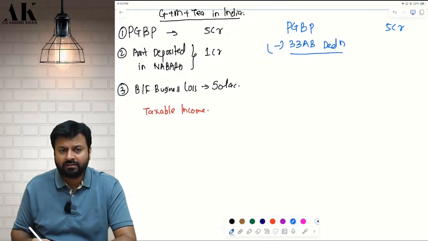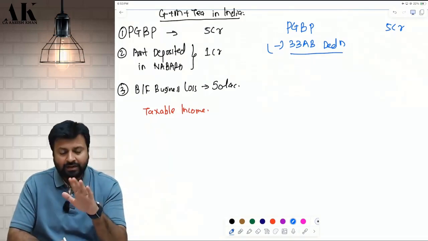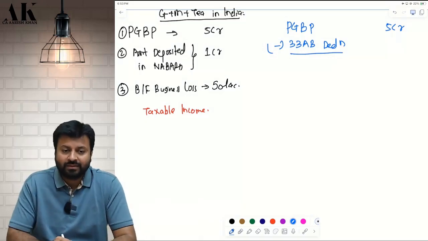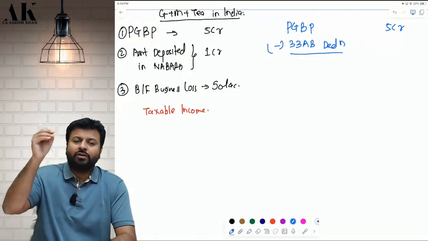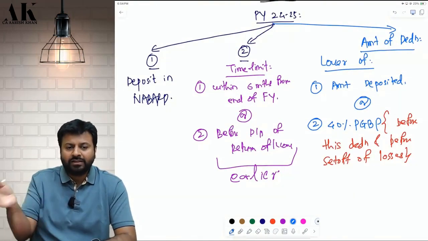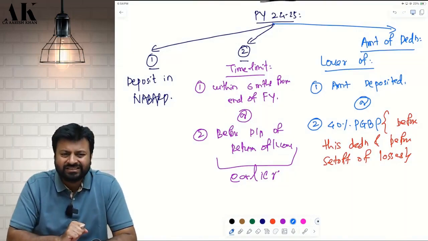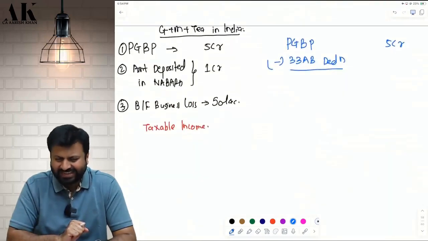40% I will get. 5 crore is your profit from composite activity. And first of all, you will claim this deduction under 33AB: amount deposited or 40% of PGBP, whichever is lower, that will be allowed to you first.